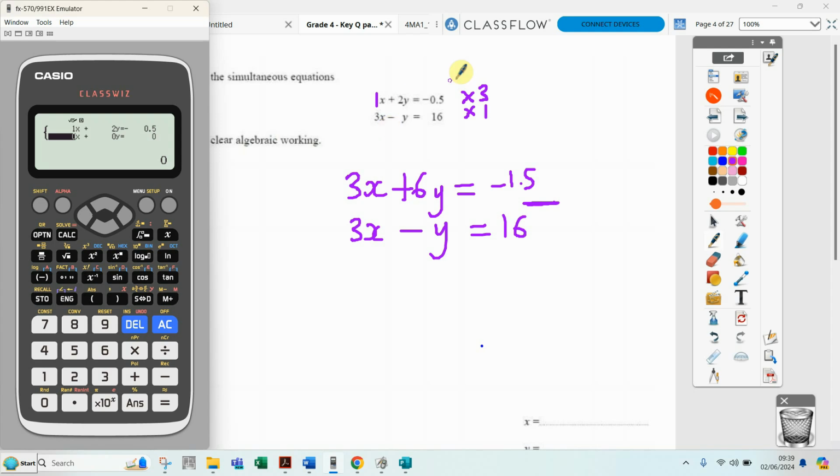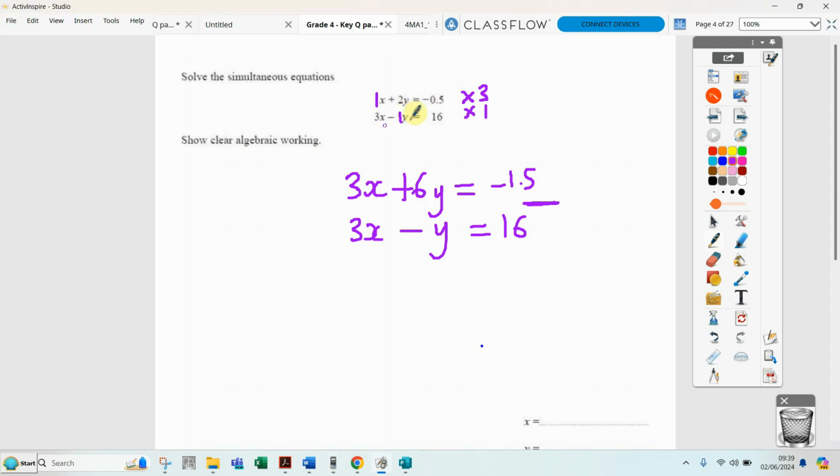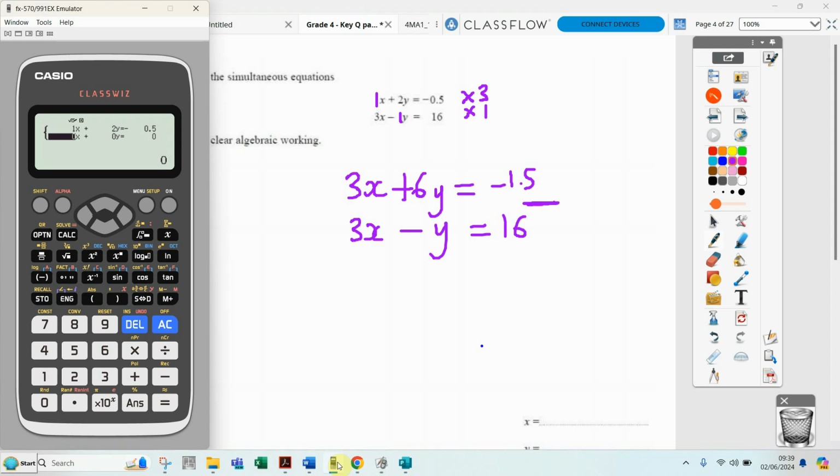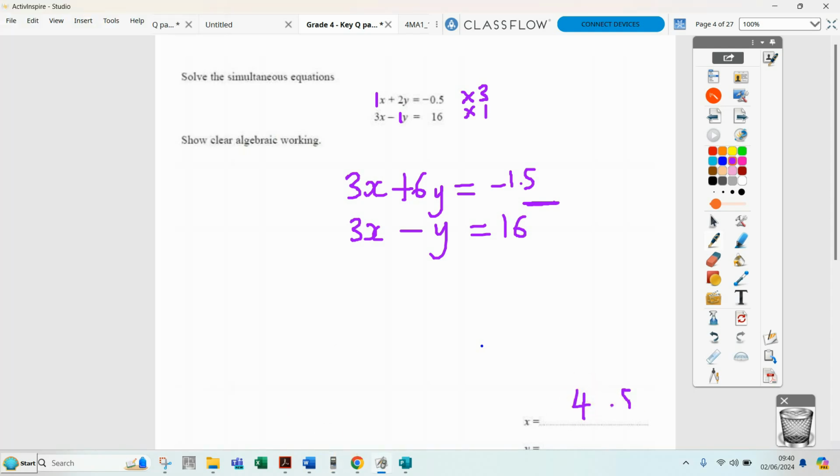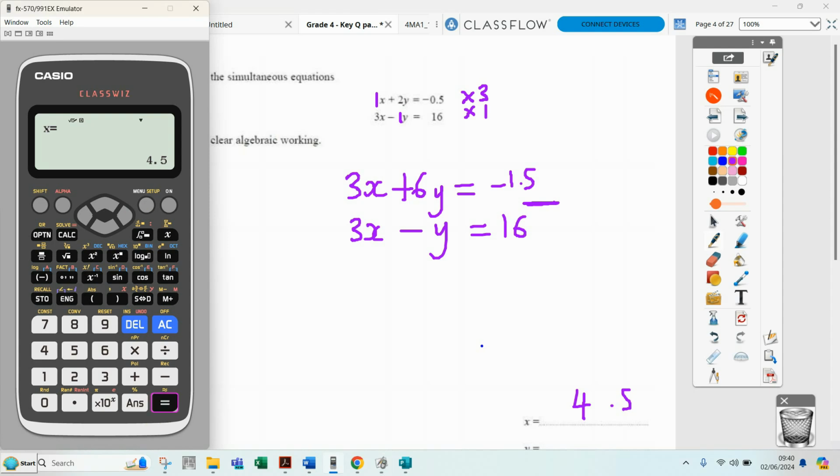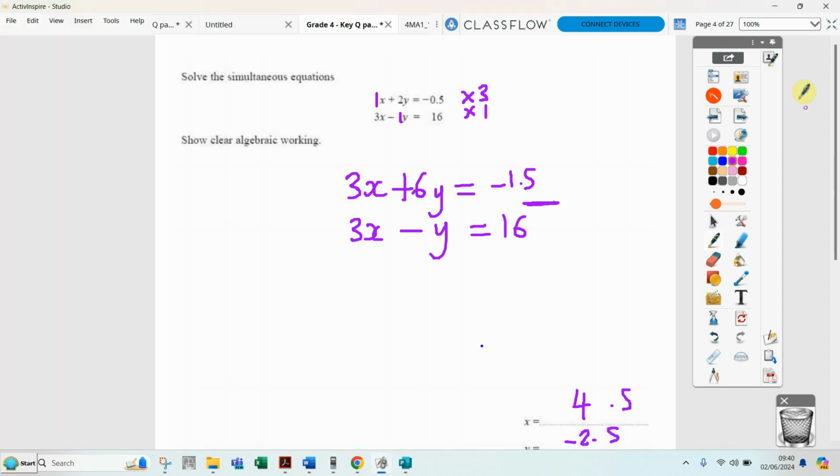Remember, if there's a minus there, you must write that number. So on the next row it's 3 and then minus 1 and 16. Okay, and then you get the answers. X is 4.5. Okay, and then y is negative 2.5. Okay, that's fine.